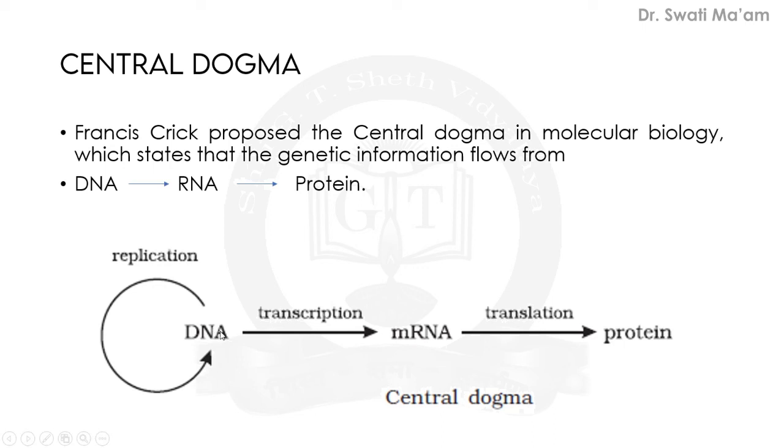When DNA gives its message to mRNA, this process is known as transcription. This is a separate topic we are going to study in a further part of the chapter. Then again, when this mRNA takes the message from DNA and gives its information to form a protein which is required, this process is known as translation.